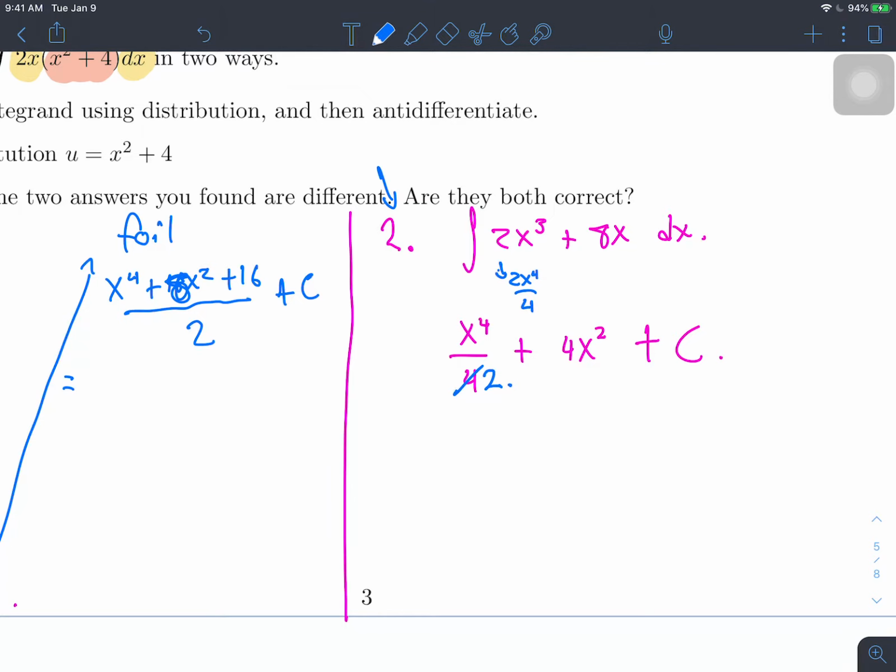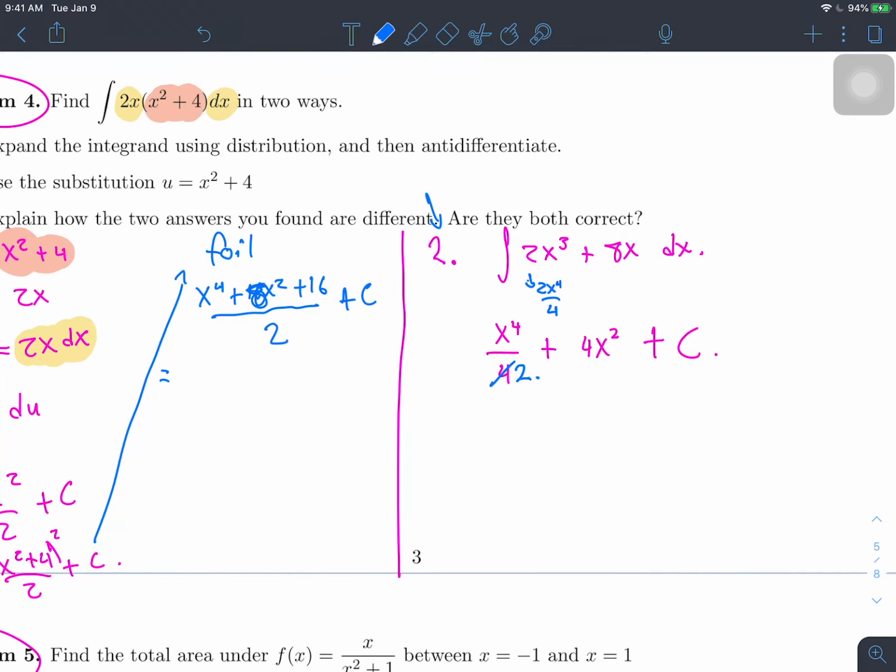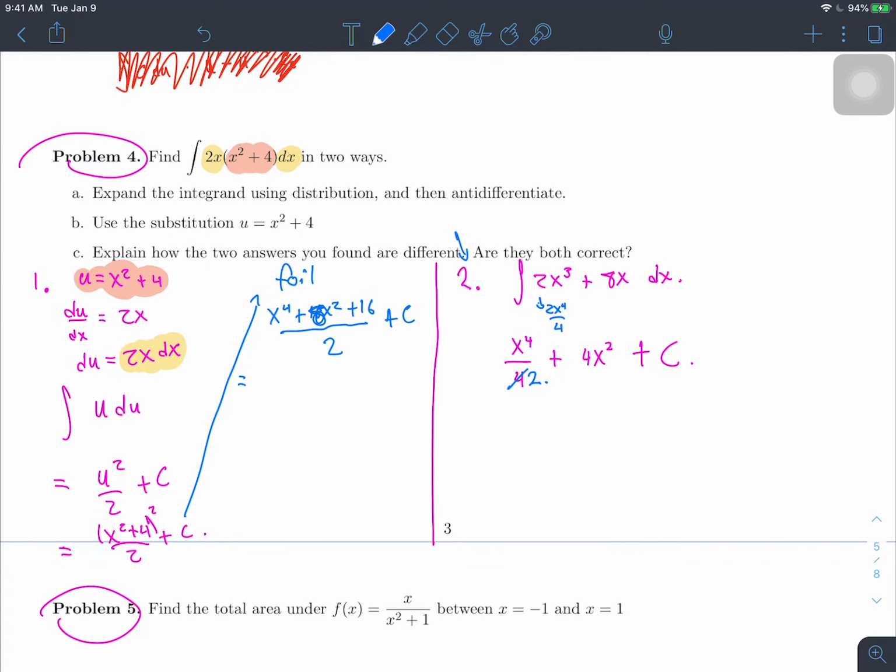Sorry about that. Okay, so we get x to the power 4 over 2 plus 8x squared divided by 2 becomes 4x squared. And then I've got plus 8 plus c.